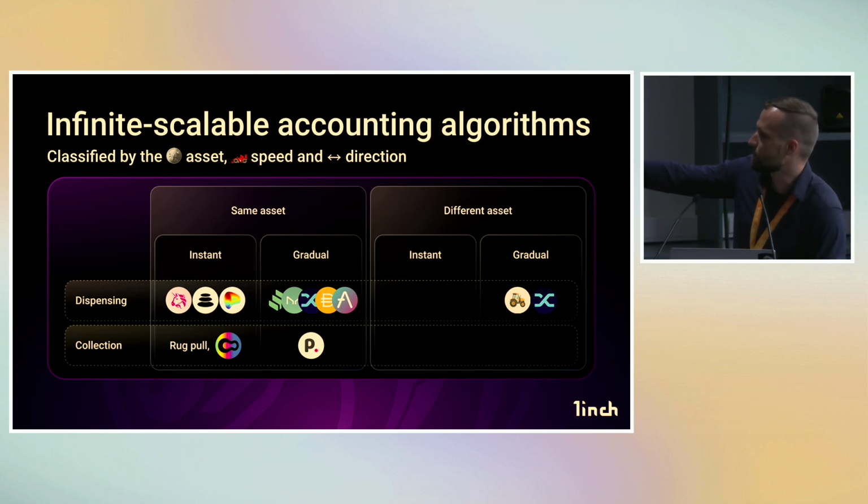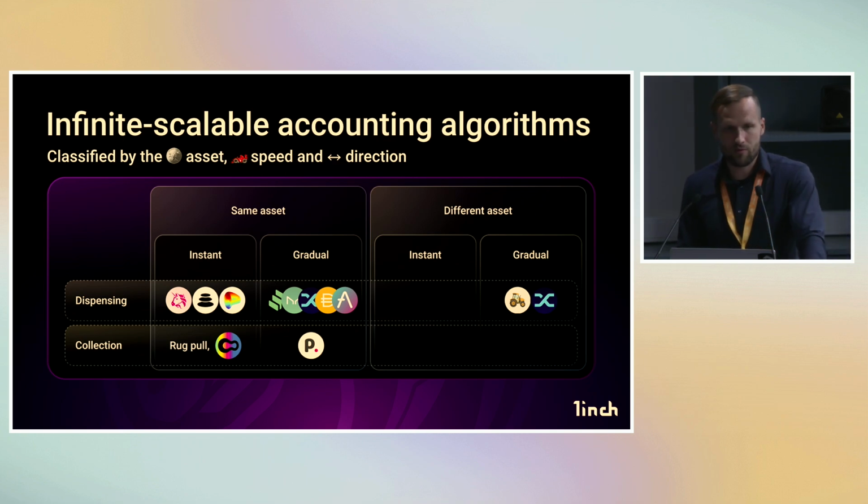So yeah, different asset gradual dispensing is something we call farming, and it was initially used in the Synthetix protocol, and now it's being used among many protocols. Moreover, this primitive of dispensing different assets gradually could be used inside many other protocols.